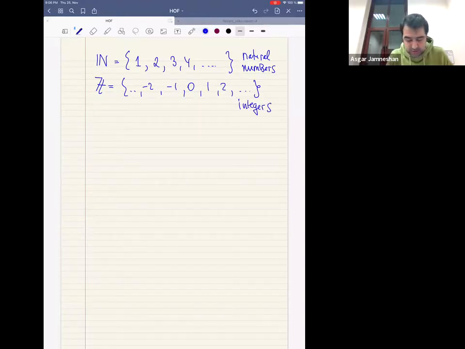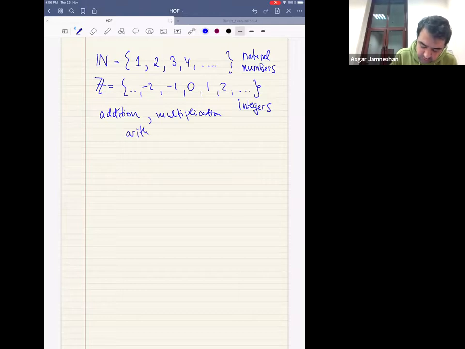And there is a basic operation defined on these numbers, which is addition. We have also multiplication. And this is what it means to have arithmetic. So these are called arithmetic operations.